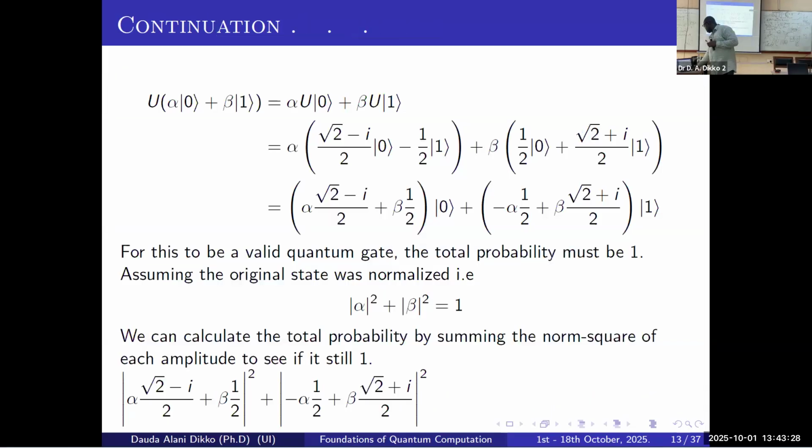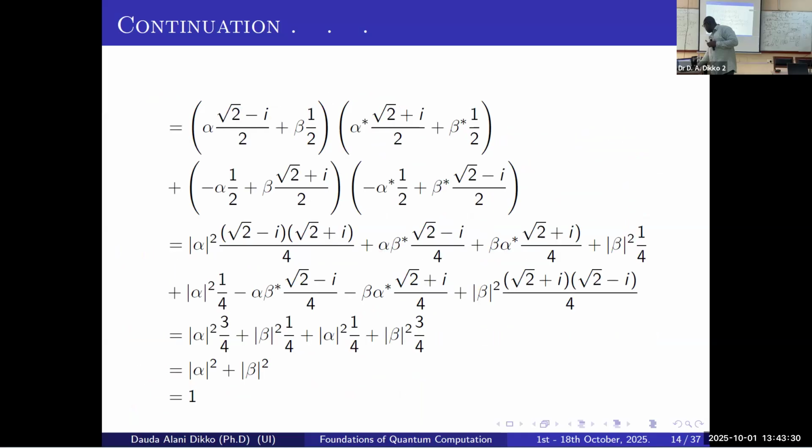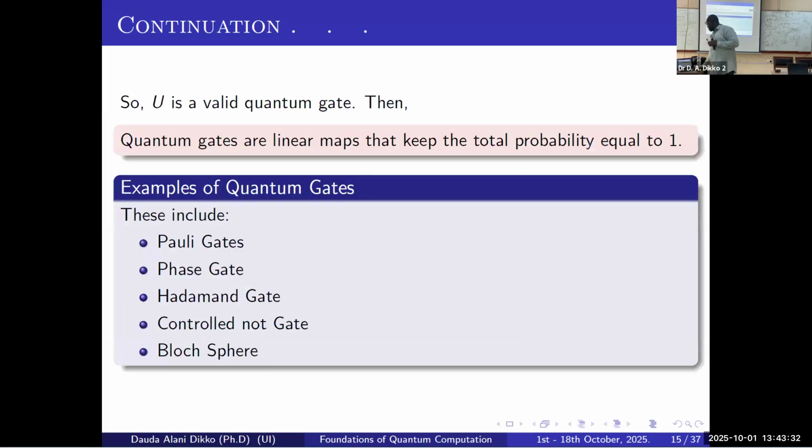That's the question, and that's what we have expressed. So the conclusion is that U is a valid quantum gate. Quantum gates are linear and they keep the total probability equal to 1. That is a standard thing. Any quantum gate will satisfy this condition.